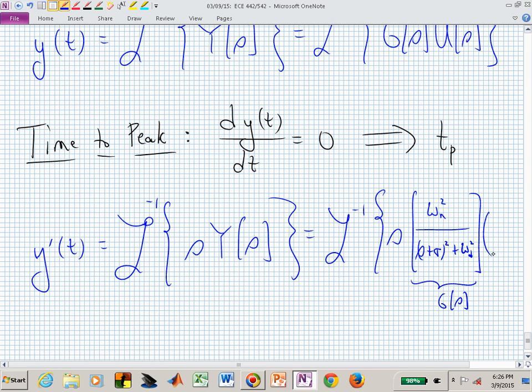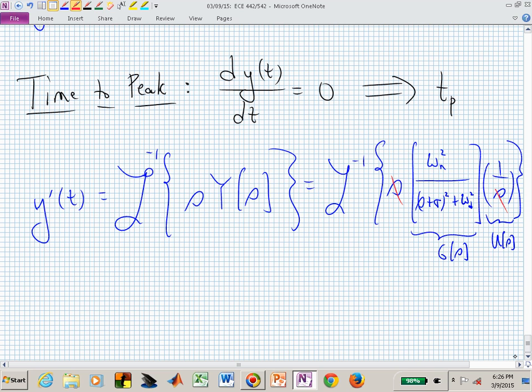Suppose we just use a unit step, our unit step in the frequency domain. If we want the derivative, those s's cancel. And what do we have when we inverse Laplace transform that expression on the right in the square brackets?